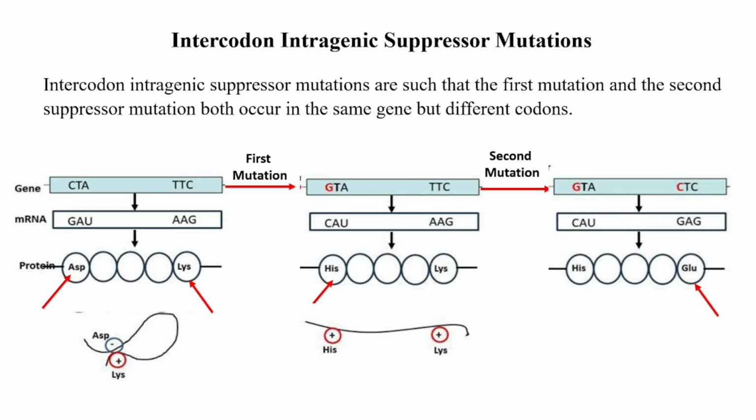This glutamic acid can interact with histidine in the same way and restore the protein structure as well as its function. The second mutation is a suppressor mutation, and because it occurs in a different codon of the same gene, it is called intercodon intragenic suppressor mutations.